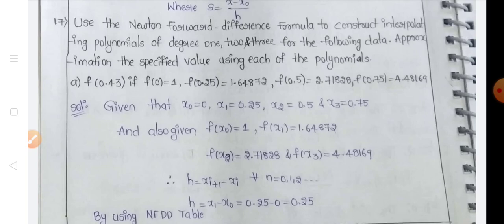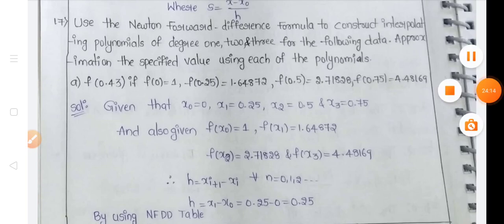If f of 0 is equal to 1, f of 0.25 is equal to 1.64872, f of 0.5 is equal to 2.71828, f of 0.75 equals to 4.48169.